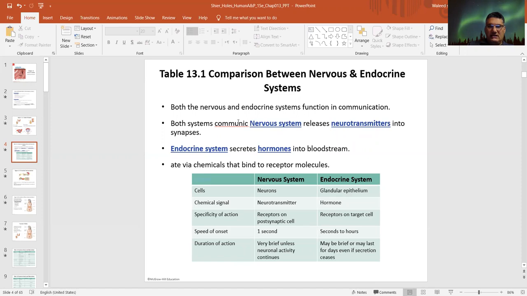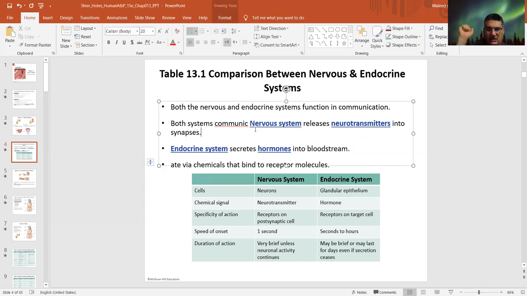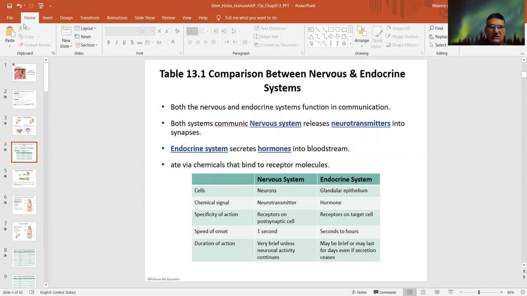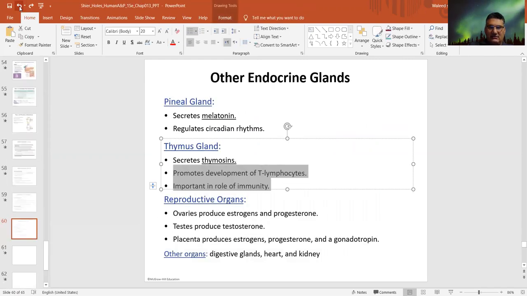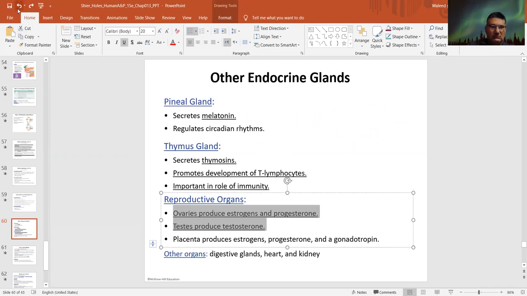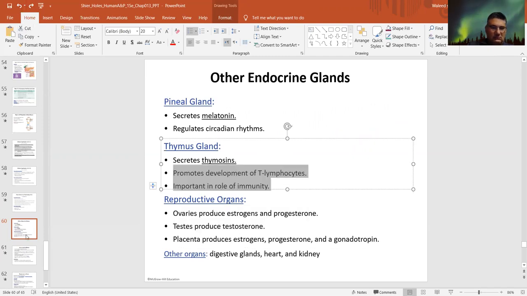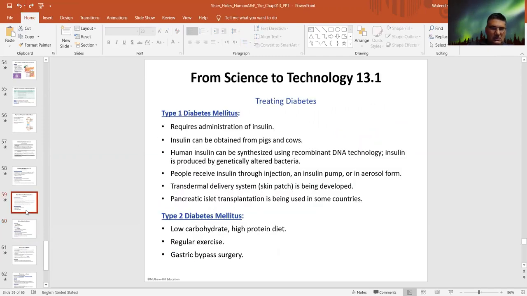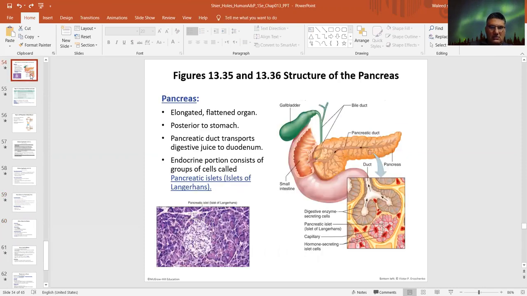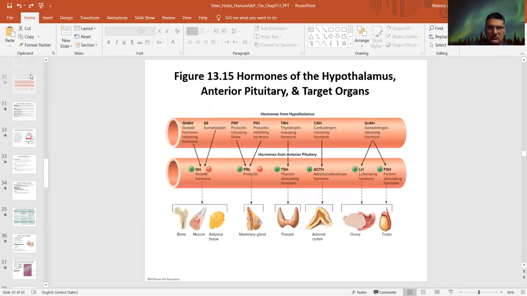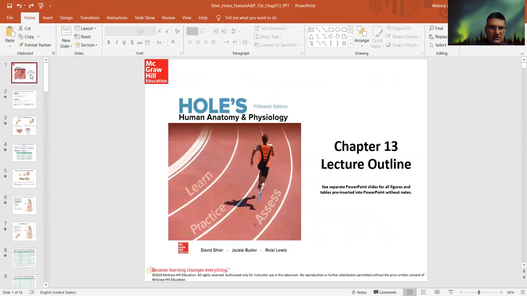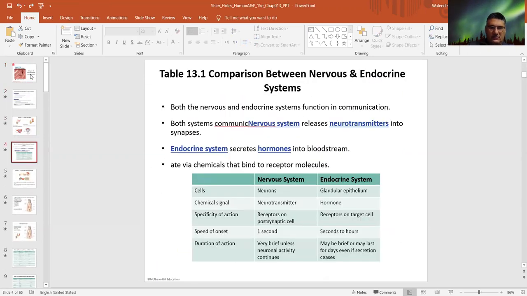The difference is the nervous system is fast acting. Sorry, I don't know what's jumping, but just going back to this.